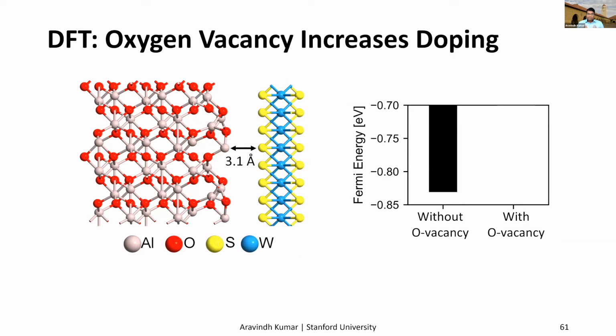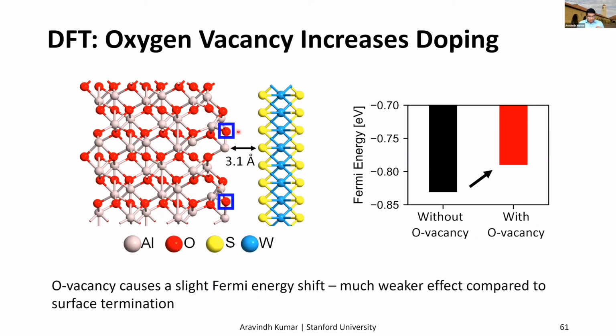Then we studied the effect of oxygen vacancies in these layers by removing these oxygen atoms and redoing the calculations, and we see that the Fermi energy shifts towards the conduction band, but this effect is much weaker compared to the effect of different surface terminations.